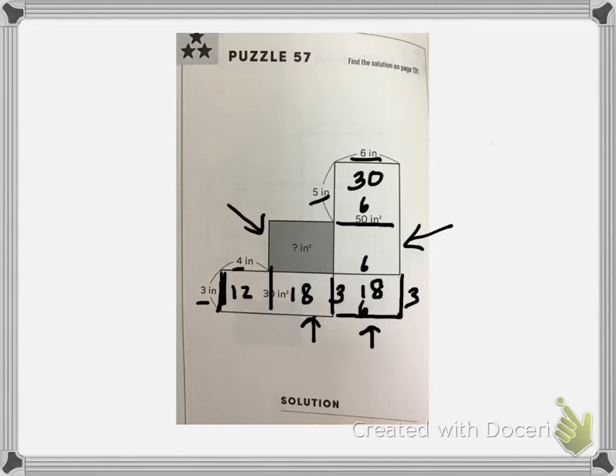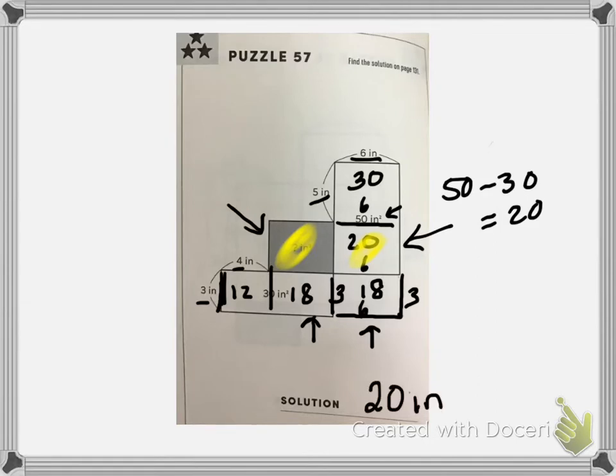And we know the whole thing there on the right before I partitioned it had an area of 50. 50 minus 30 gives an area of 20 left over for this middle right rectangle there. And like we said before, these two, and if I highlight them, these two have the same area. So that means our shaded one that we're looking for also has an area of 20 inches squared.